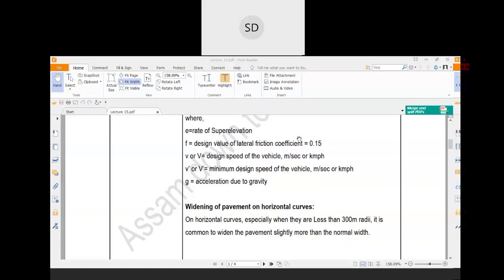Now, for the mechanical widening, there is some derivation portion, and for the psychological widening, the formula is given by the IRC, that is Indian Roads Congress, and that is an empirical formula. So let us dig into the widening of the pavement.